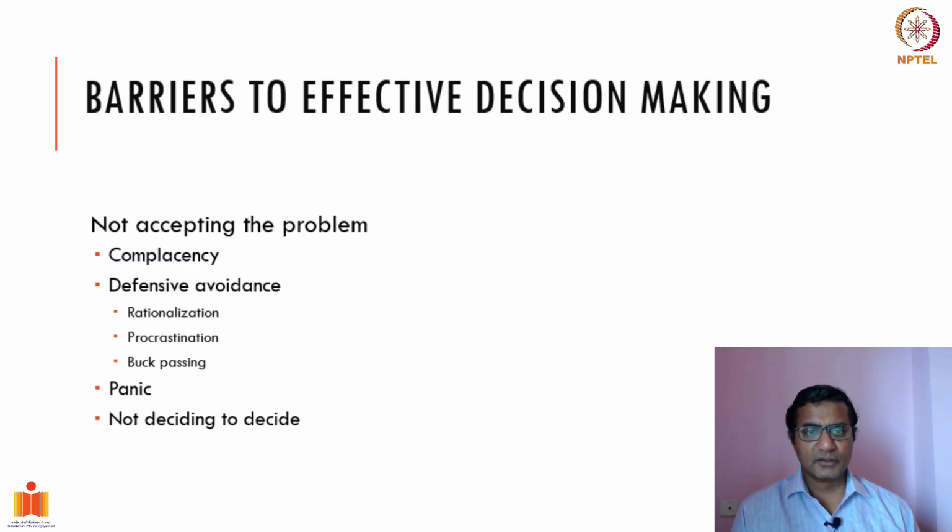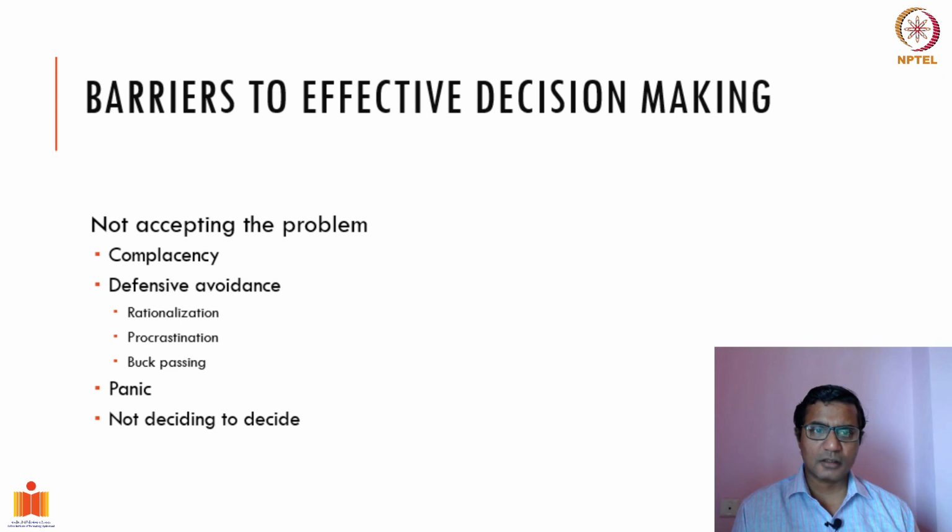Buck passing is when you try to put the responsibility on somebody else. Let's say you are the HR department of the organization, and you say no, we can't do anything. Maybe the top level management should decide, or everyone in this particular sector or field should decide.